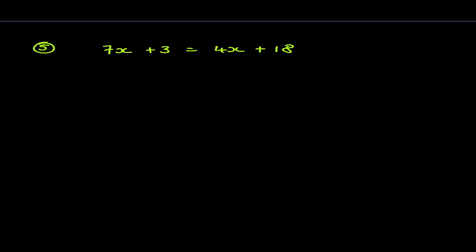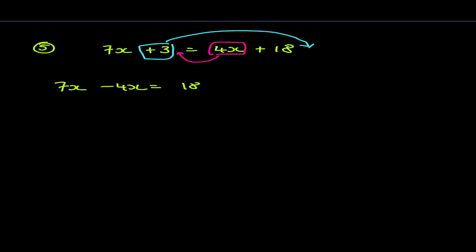So what we're going to do is this 4x we're going to bring to the left, and this positive 3 we're going to bring to the right. And remember, anything going across the equal sign swaps its sign. So we still have 7x, that 4 becomes a minus 4x. We still have that 18, and that positive 3 becomes take 3.